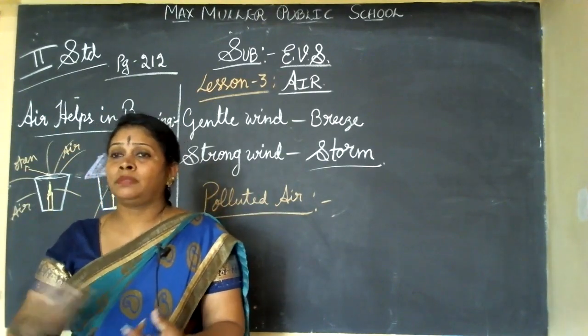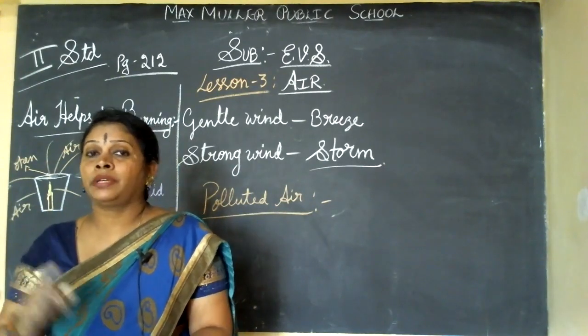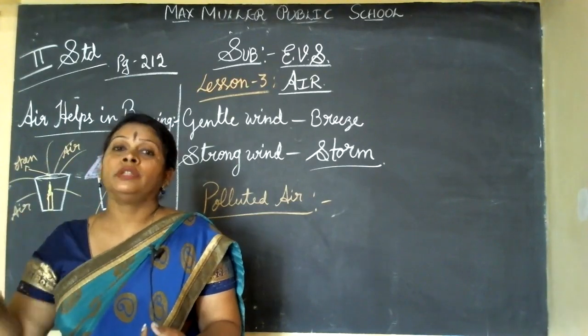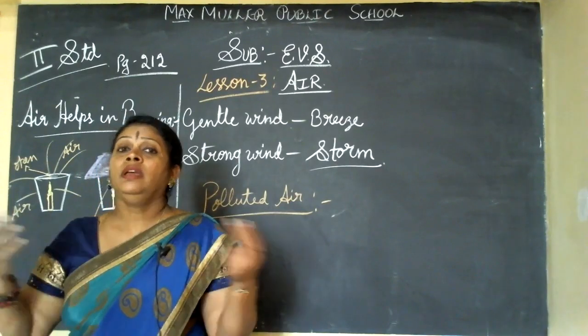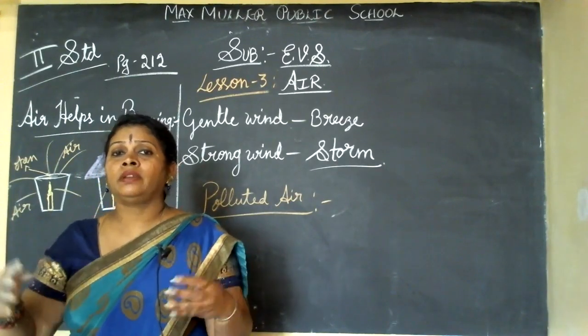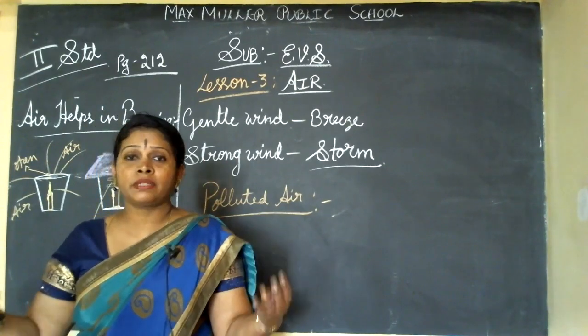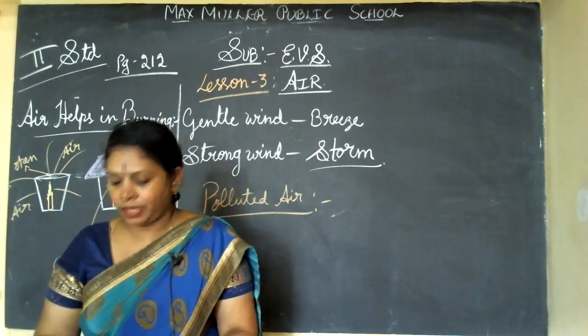If it comes with black smoke, that means it is not proper. They have to get it checked. That black smoke spoils the surrounding air. It gets mixed with the air, and that air is called polluted air, where all these things are mixed in the environment.